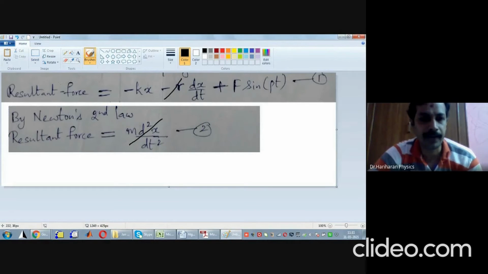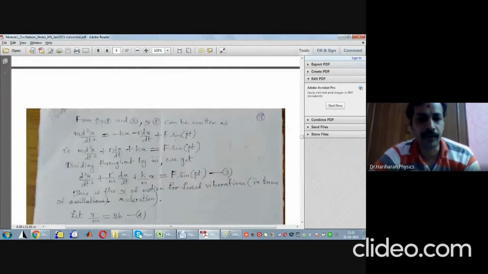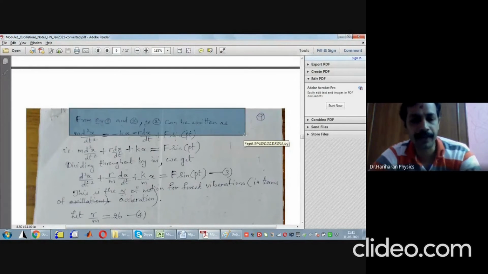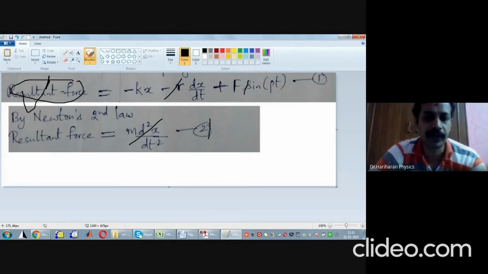Then what will happen? The left hand side is going to be m into d square x by d t square. That's what precisely happens here. So from equation 2, equation 1 can be written as, all you are doing is replacing the resultant force by m into d square x by d t square.